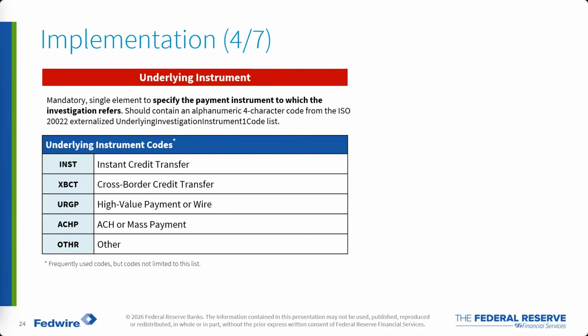Cross-border credit transfer investigations, high-value payment or wire investigations, ACH, retail mass payment investigations, or other. Now, obviously, as we're talking about the Fedwire Funds wire system, most of the time, if not always, your underlying instrument will either be the cross-border credit transfer that you're investigating that was settled across the Fedwire Funds Service, or the high-value payment or wire code that you will use to indicate that you're investigating a Fedwire Funds wire.